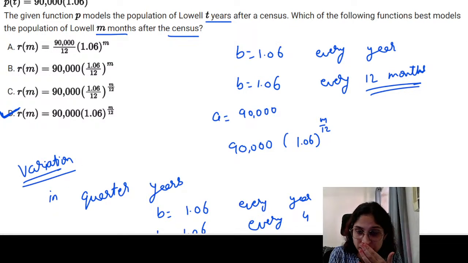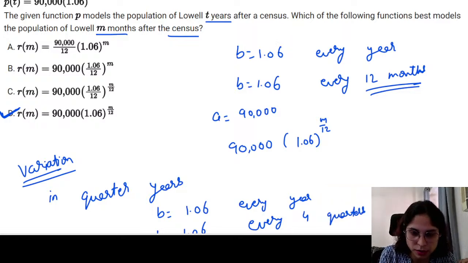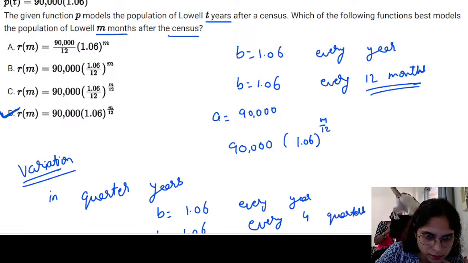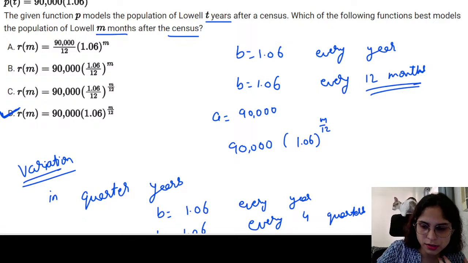Alright? So I've tried to explain this concept here as well. And which question was that? Let me see. I want to do it over there as well. I have no idea. I think it was 46, 55 or 70.